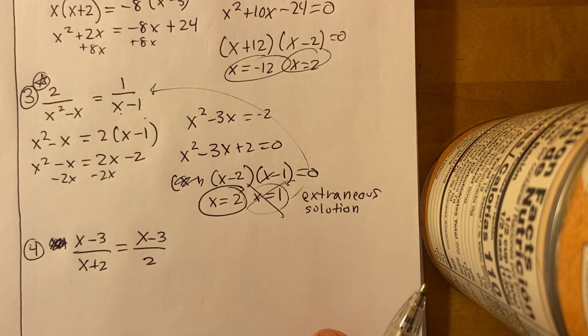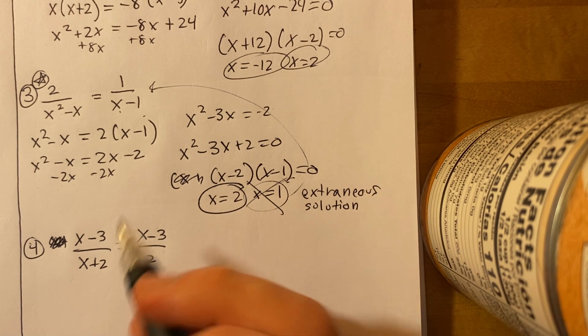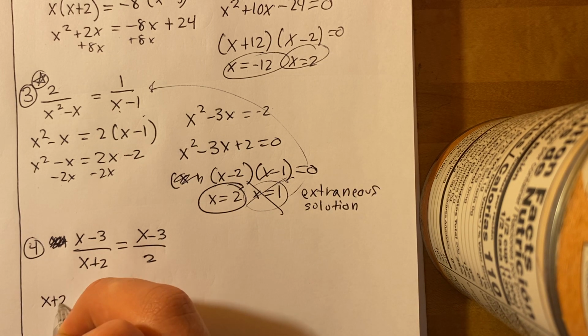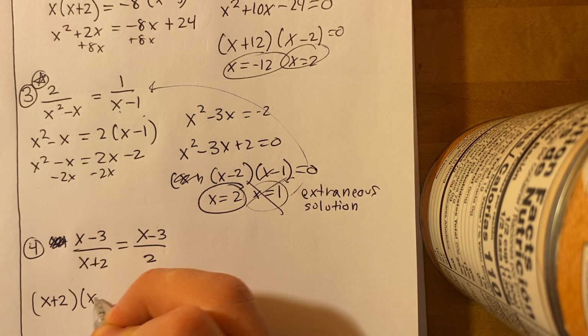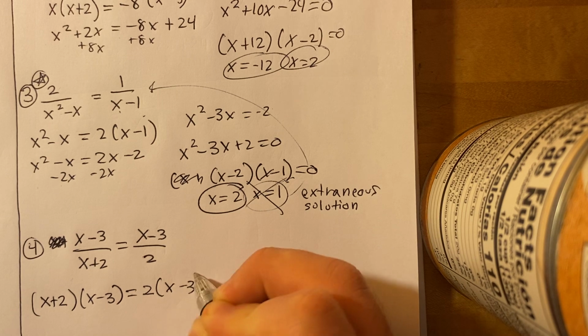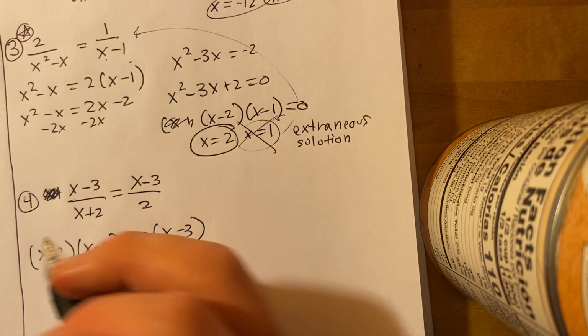All right, so again, we have a lot of variables, but it's just cross multiplication. So we'll go ahead and do x plus 2 times x minus 3, keeping those binomials together with parentheses, 2 times x minus 3. All right, so we have these two binomials there.